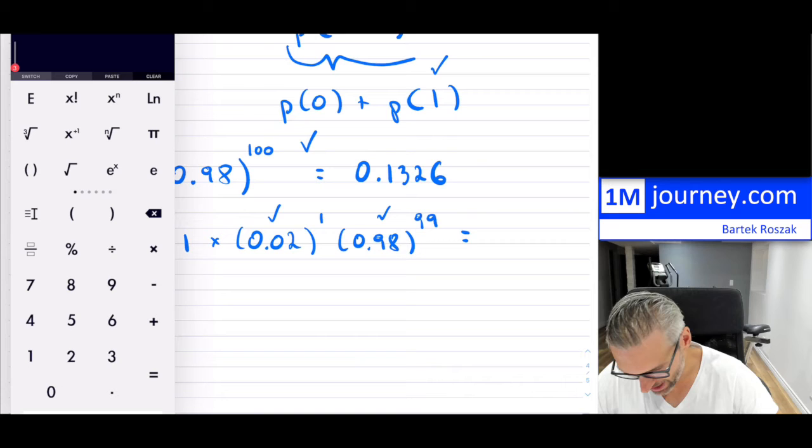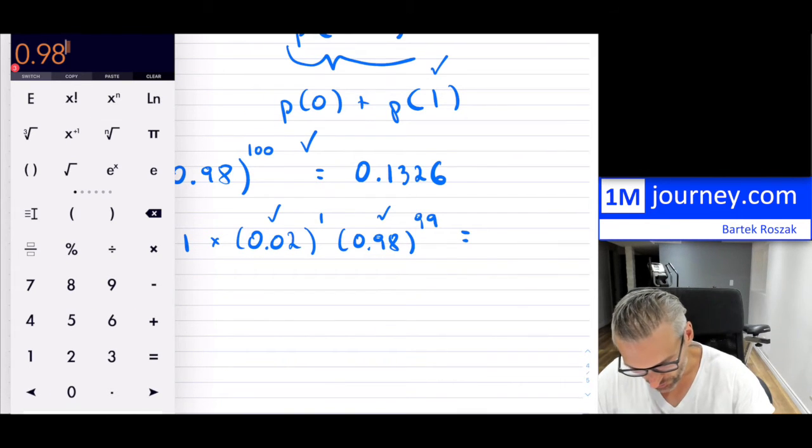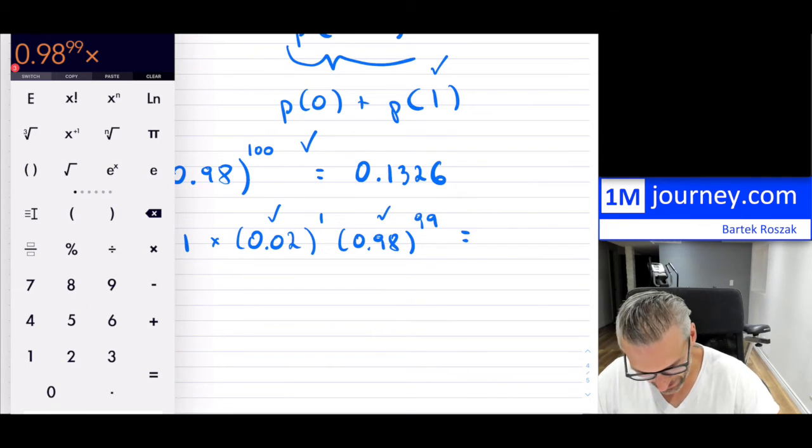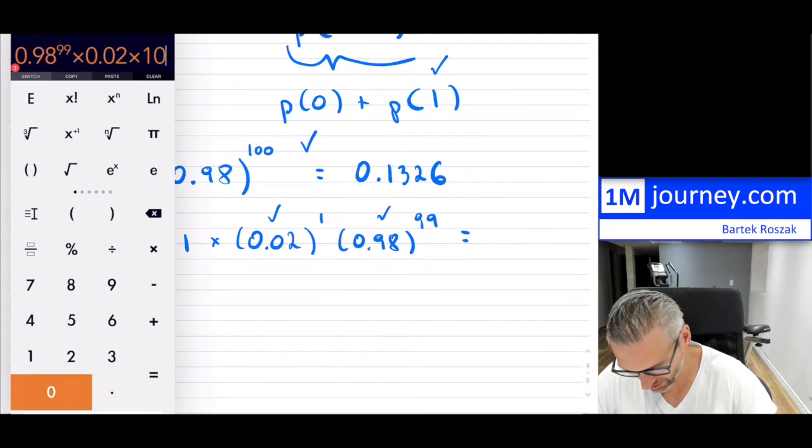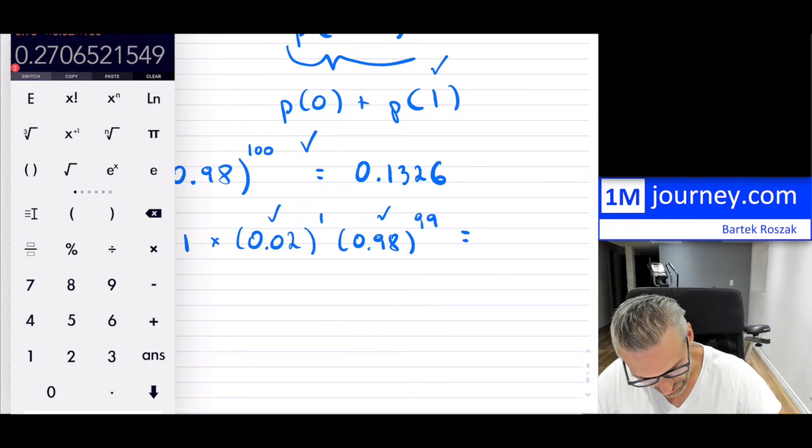And then we have, so I'm going to go backwards, 0.98 to the 99 multiplied by 0.02 to the 1, and then 100 choose 1, which is just 100. So this is 0.2707.